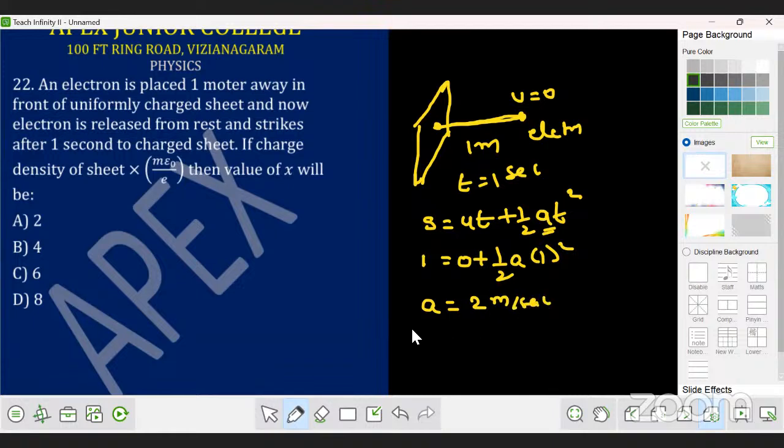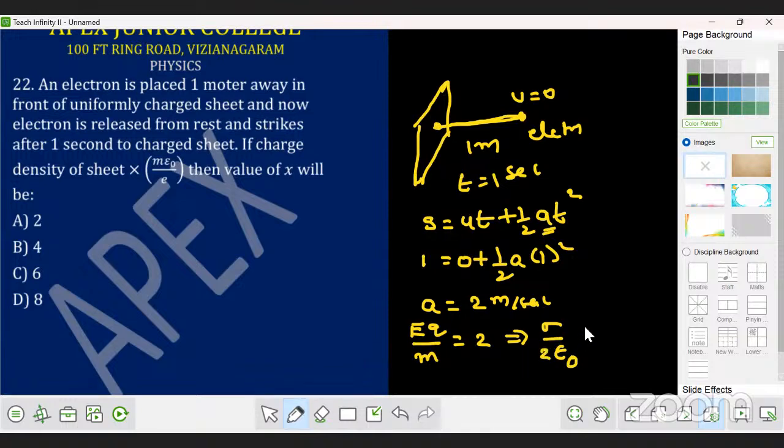But what is the general formula for acceleration in case of electric field influence? Acceleration is Eq by m, equal to 2. And here, the electric field intensity due to a sheet will be sigma by 2 epsilon naught, due to any charged sheet. This is the second application of Gauss law.